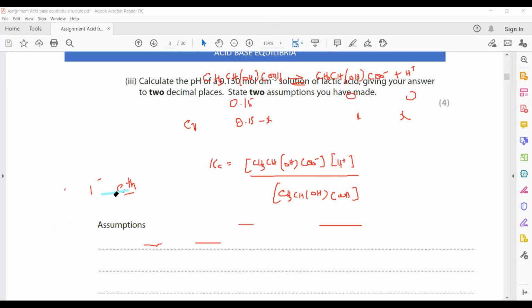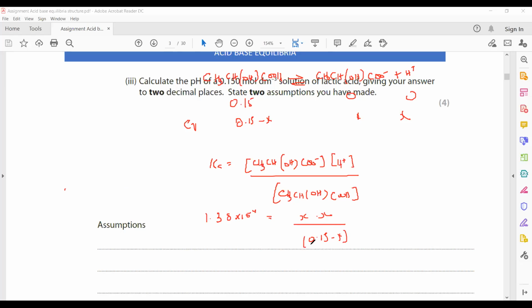Because our assumption is that dissociation is negligible, like it does not dissociate completely, and the dissociation constant of lactic acid is also given. So you can just substitute the values and get the answer. So this is 1.38 × 10^-4, that's the dissociation constant of lactic acid. The dissociation of lactate ion and hydrogen ion is the same, so X and X, and 0.15 minus X. But what happened?